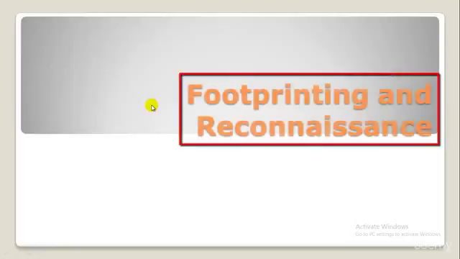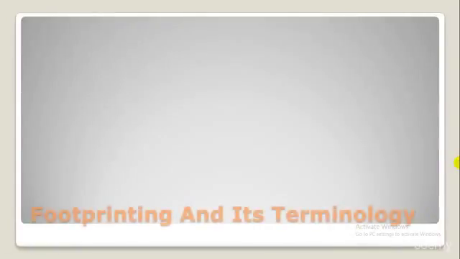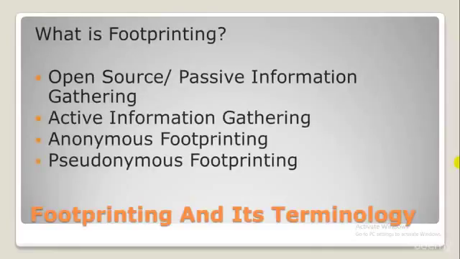Footprinting and reconnaissance is what we would be learning today. These are the several ways of gathering information. Before we go deep into this concept, it is important to know the basic terminology used in footprinting, and these terms will help you understand the concept of footprinting and its structures.